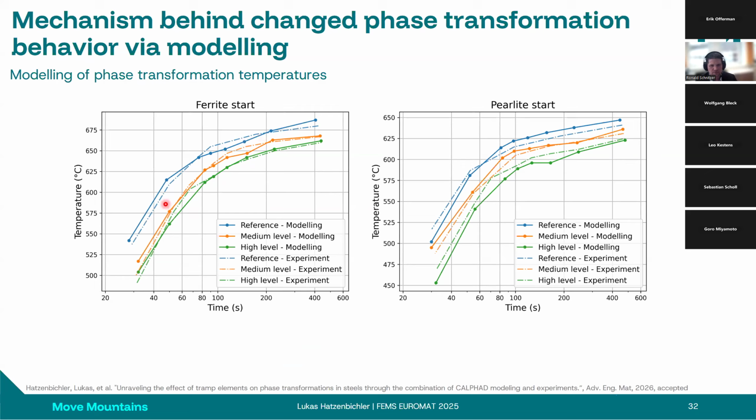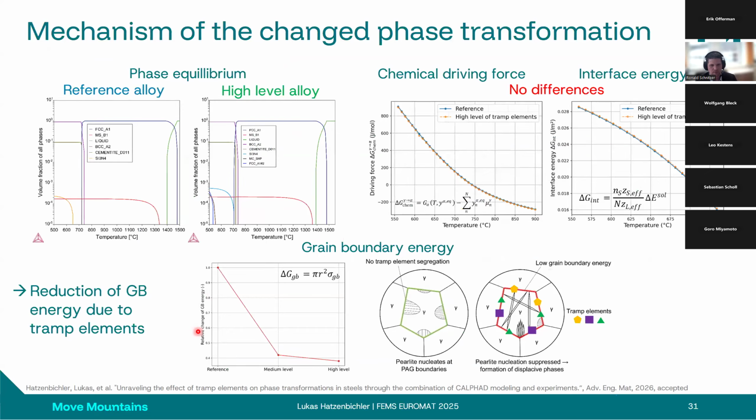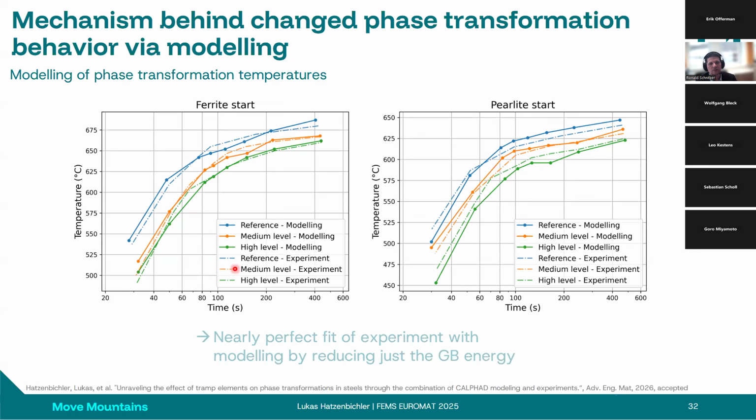When you adjust this grain boundary energy, in the end you can see that your ferrite start temperature and your pearlite start temperature fit the ones you have measured. Yeah, then you get a nearly perfect fit. That means the conclusion was that grain boundary energy is somehow changed by the tramp elements.